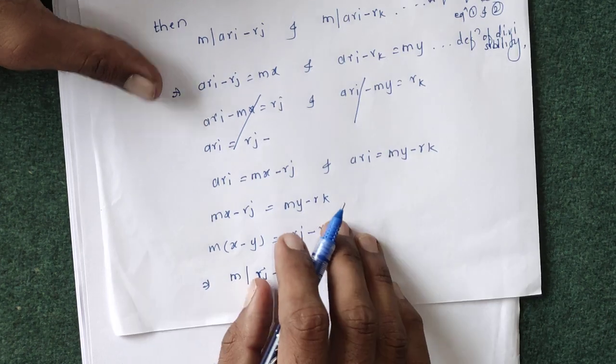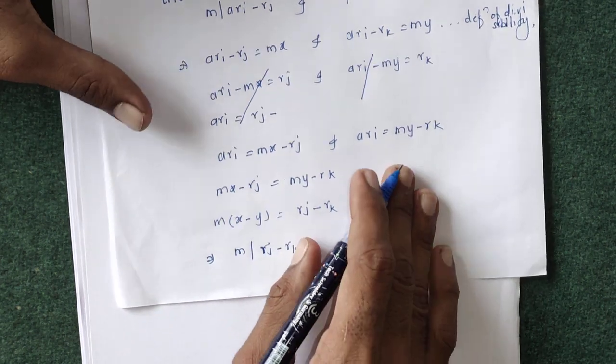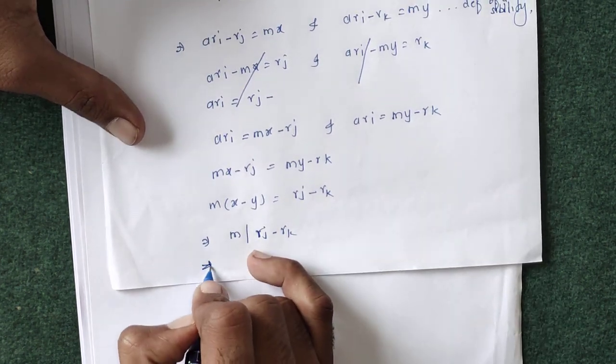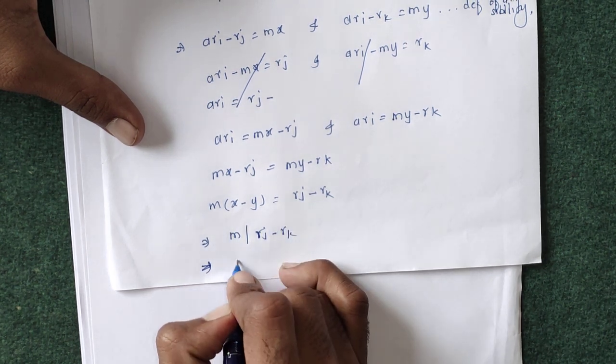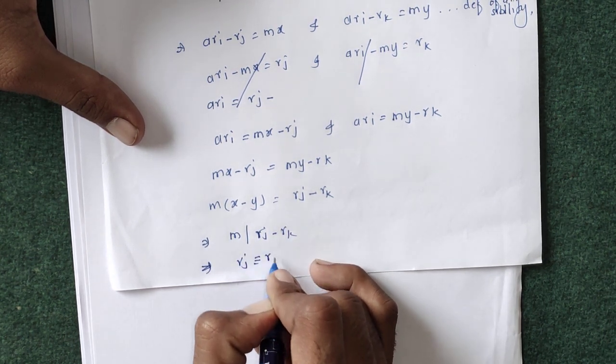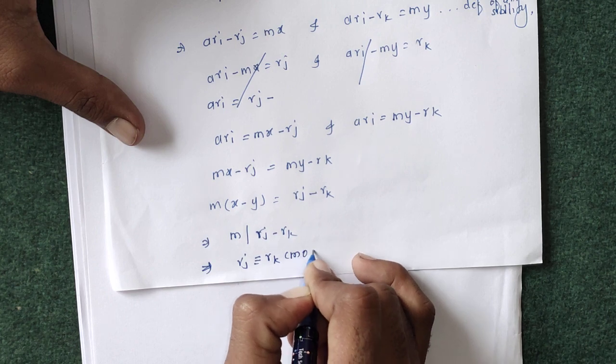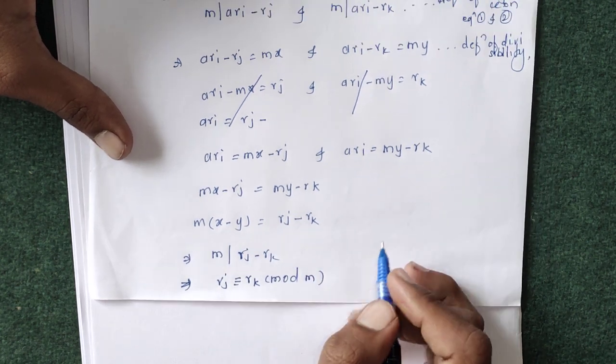So after solving we get that M divides Rj minus Rk. So applying the definition of congruence, we get Rj is congruent to Rk modulo M.